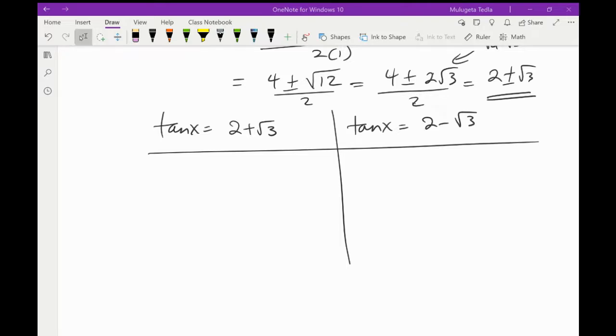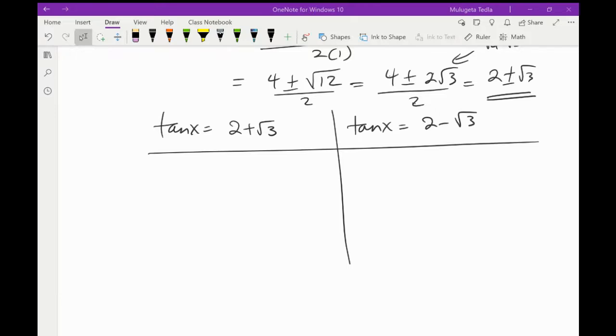I mean the values we got are 2 plus root 3 and 2 minus root 3. For that one, yes, I use the calculator, no problem: 0.268 and 3.73. Yes, you could use a calculator, because most of them have the function already embedded. No problem, for the sake of time.